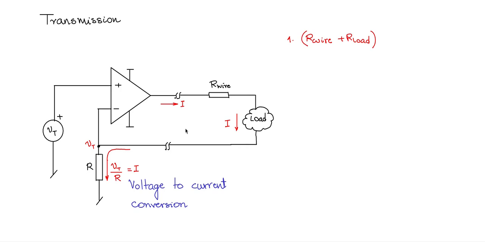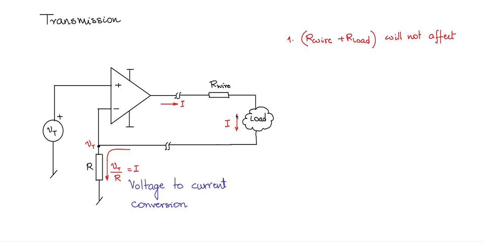Remember, in a non-inverting amplifier, the resistance that is connected between the output and the V minus point is R2, and you say 1 plus R2 by R1 into V in is the output voltage. So R wire plus R load is equivalent to R2, and this impedance, whatever be the value of this, is not going to affect the value of the current that is going to flow.